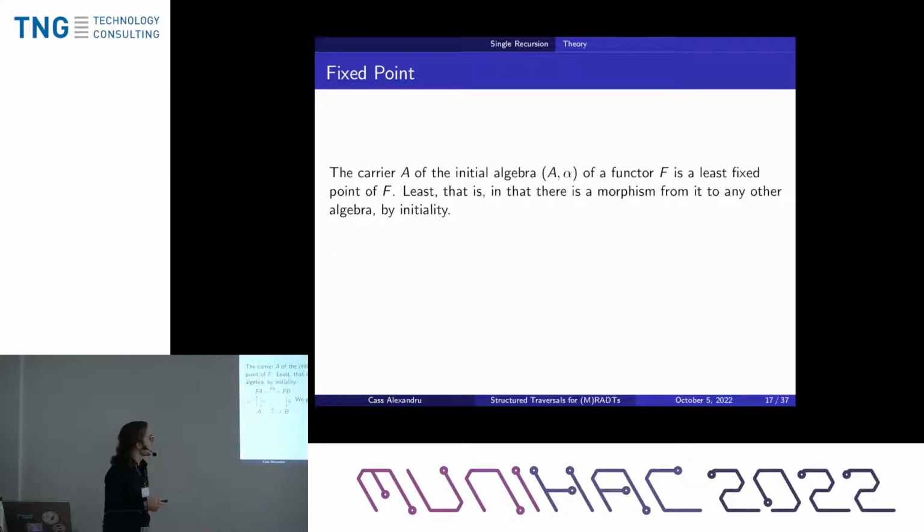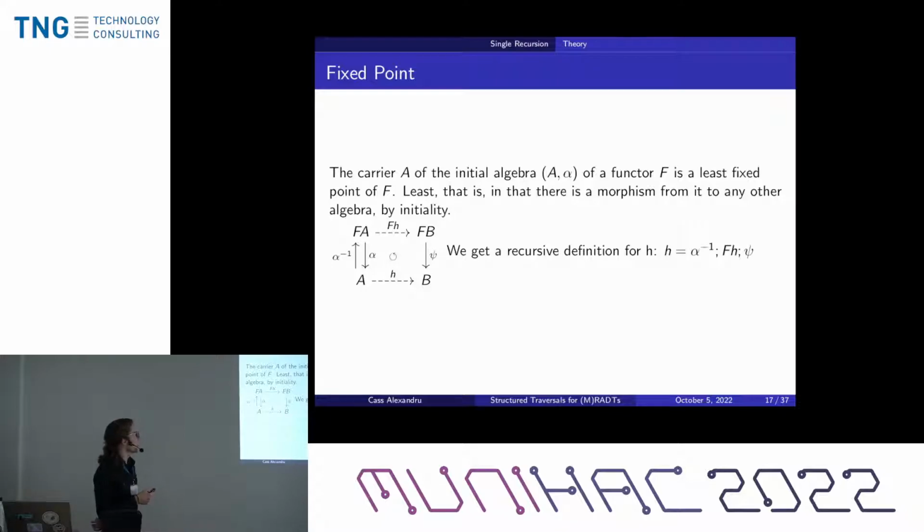So we said f of A is isomorphic to A via alpha. So we know there must exist an inverse to alpha, alpha to the minus one.